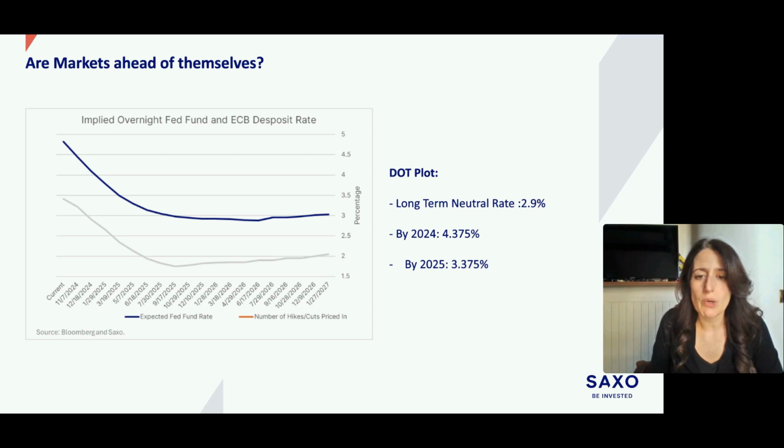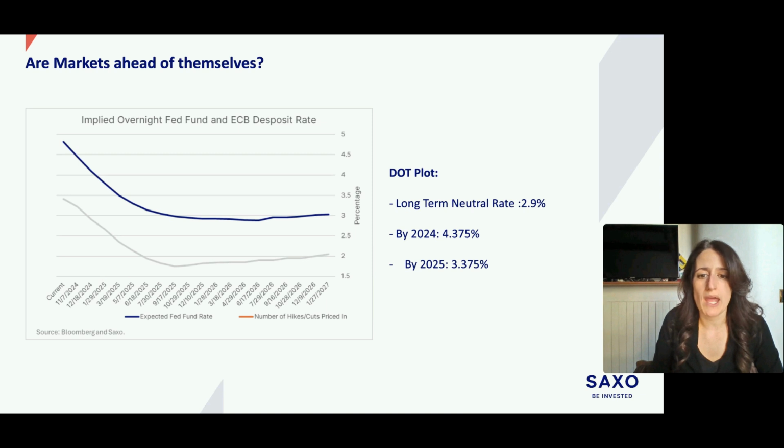But we don't have a dot plot in Europe, but we can compare what market is pricing with the dot plot that the Federal Reserve publishes. And the Federal Reserve is telling us that the interest rate cutting cycle shouldn't be as aggressive as markets are expecting. They see the long-term neutral rate, the neutral rate that will be here from 3 years on into the future, estimated to be around 3%.